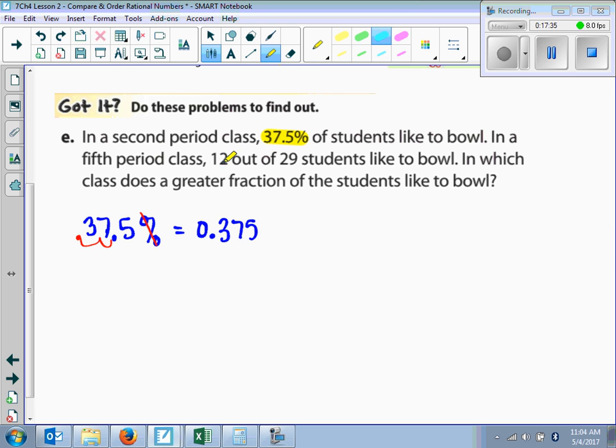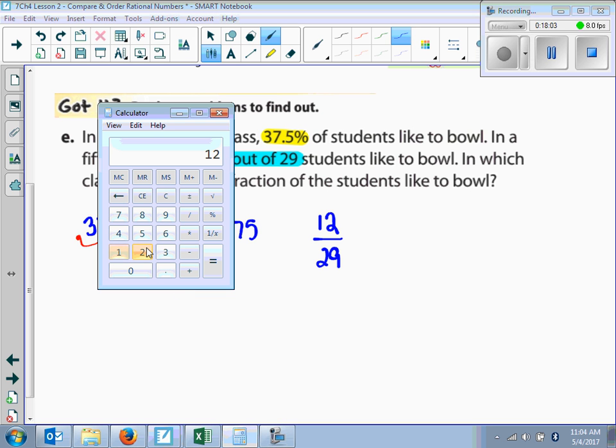So that was the 37.5%. So the next part says in the fifth period class, that's 12 out of 29 students. So for that, to change that to a decimal, we're going to first write our fraction, 12 out of 29. That's the ratio, 12 out of 29. And we're going to divide numerator divided by denominator. Okay? So here we've got 12 divided by 29.